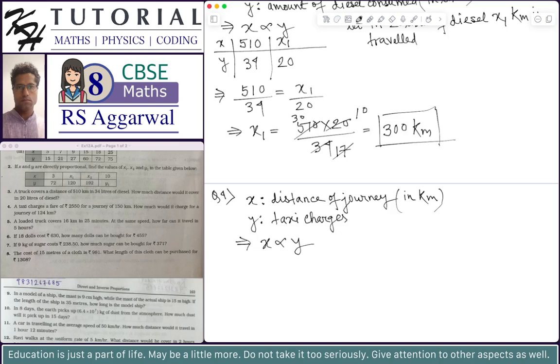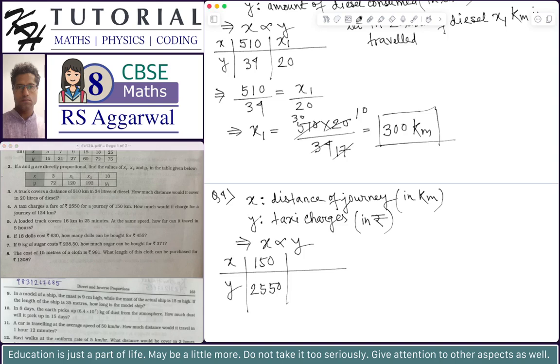Now we can quickly create a table based on the given data. It is given that a taxi charges a fare of, let's say in rupees, rupees 2550 for a journey of 150 kilometer. So one corresponding value will be 150 for x and 2550 for y. Now it is asking how much would it charge for a journey of 124 kilometer.